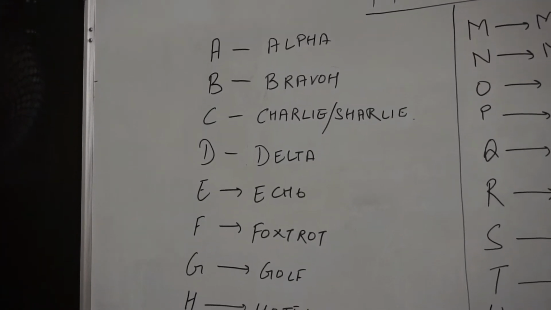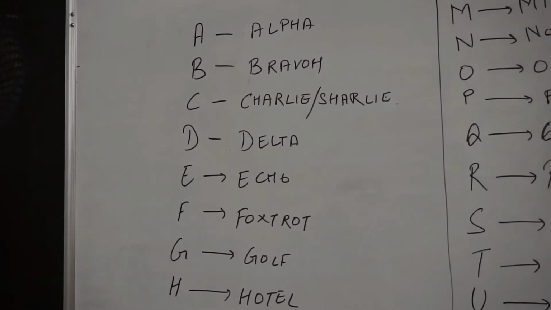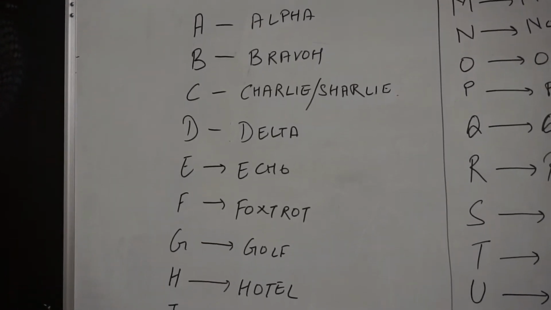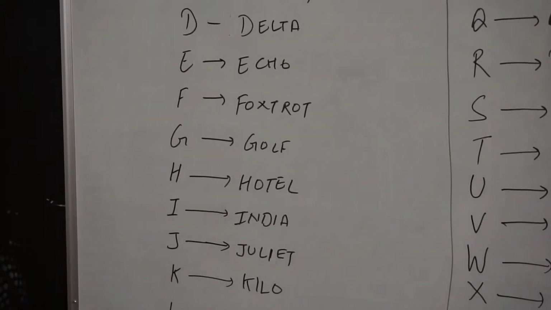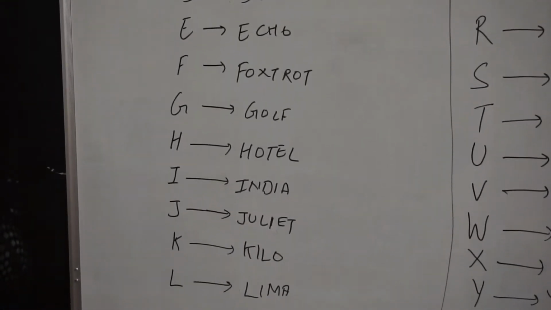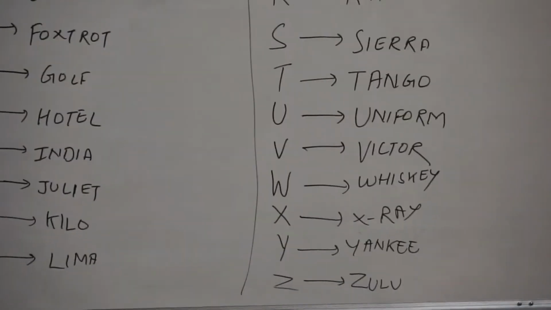B for Bravo, C for Charlie, D for Delta, E for Echo, F for Foxtrot, G for Golf, H for Hotel, I for India, J for Juliet, K for Kilo, and L for Lima.